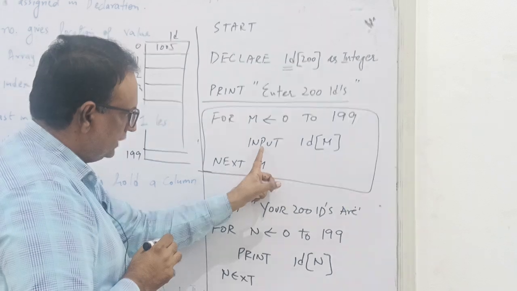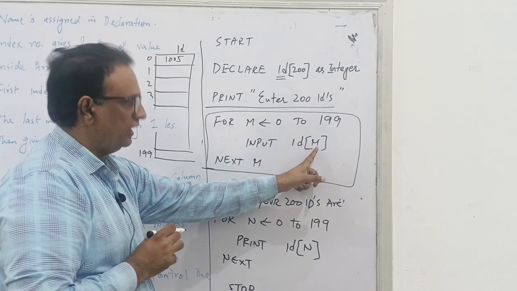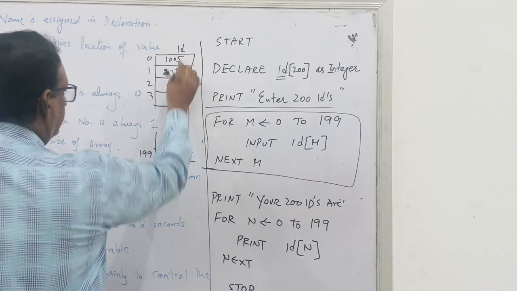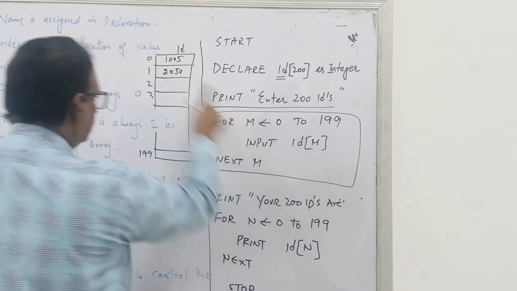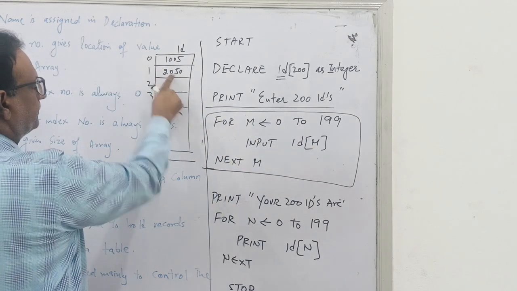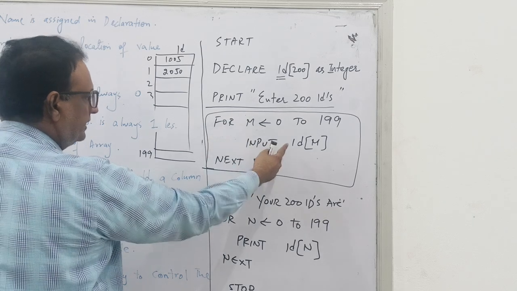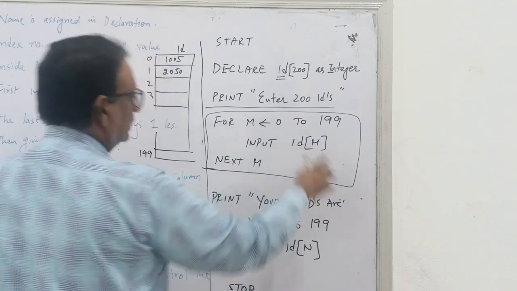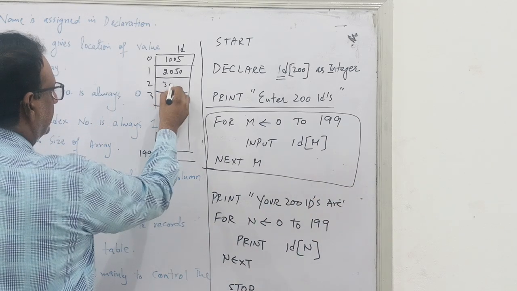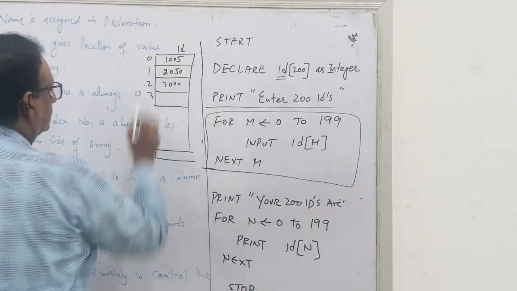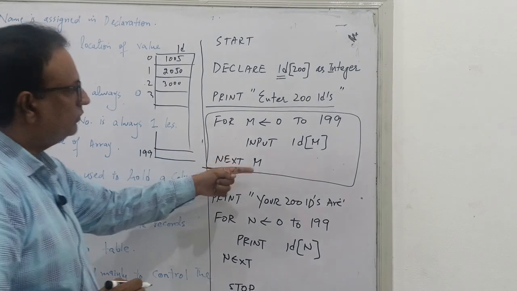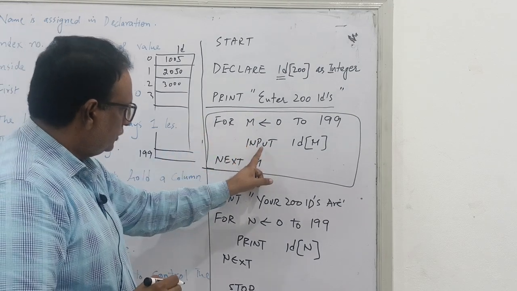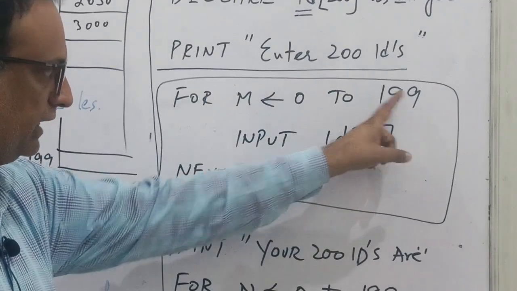It becomes input ID 1. And what you enter was 2050, so it will save it in ID 1 over here. Then it goes back for the third time and it is input ID 2. If you enter 3000 as the ID, it will be stored in ID 2, and it will continue for 200 times, and its last run will be input ID 199.